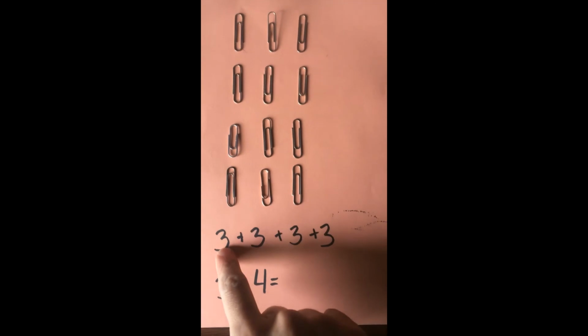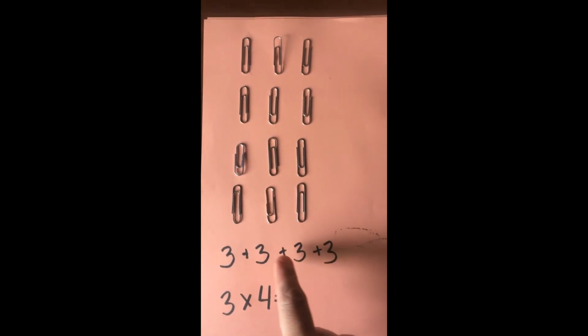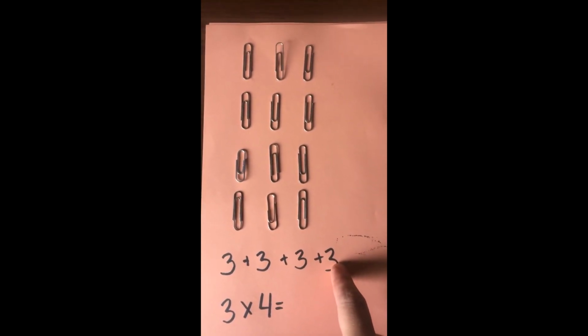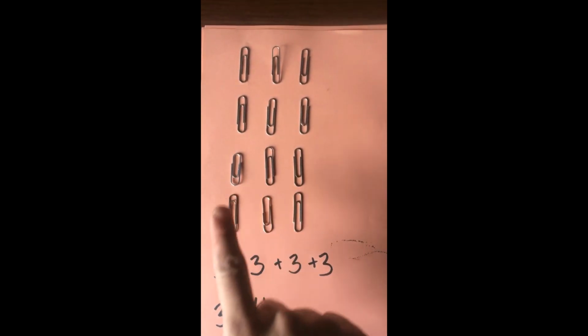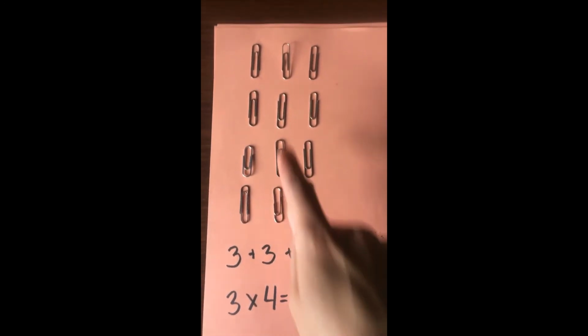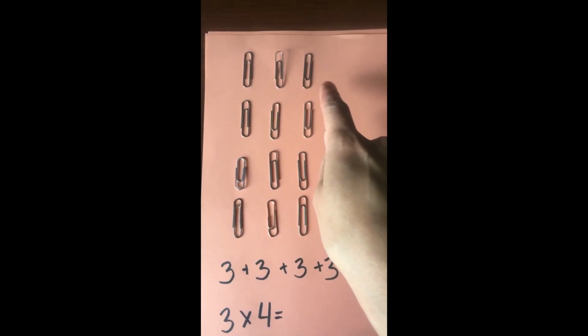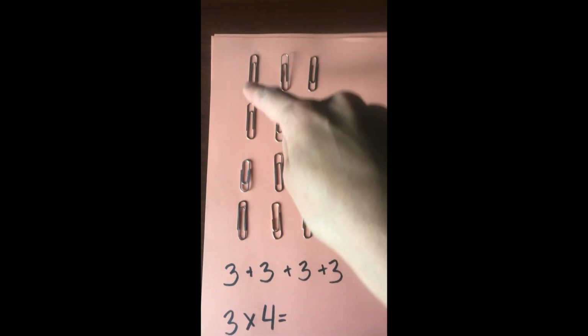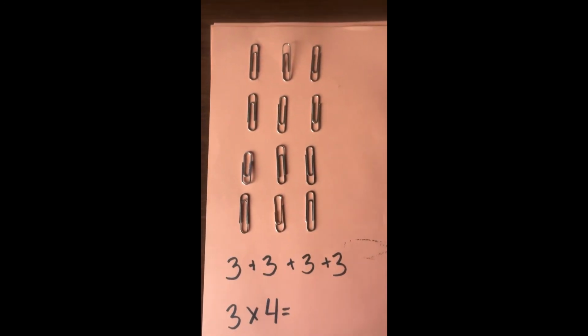So I have 3 plus 3 plus 3 plus 3. It's the same as this. There's 3, 3, 3, and 3. Or I could write it 3 times 4 because I have 3 in the rows going across and 4 in the columns going down.